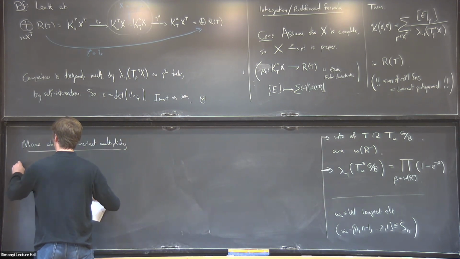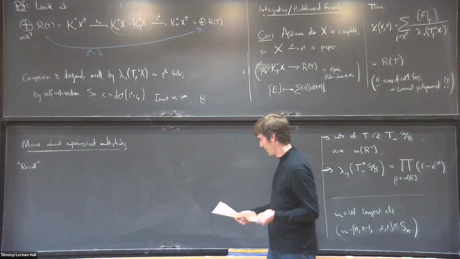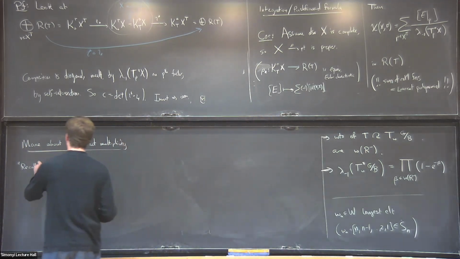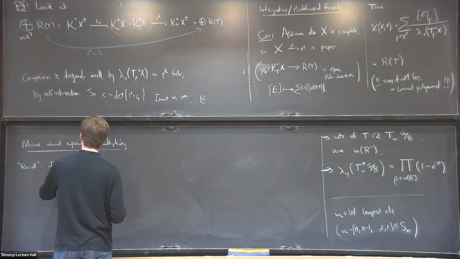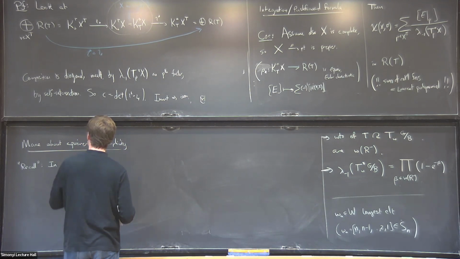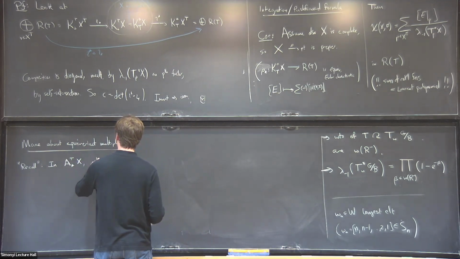So I'm going to put in quotes, recall, pretending that everybody was here for Bill's lectures, but I'll write a statement. So say in Chow groups, I guess I have to invert something.